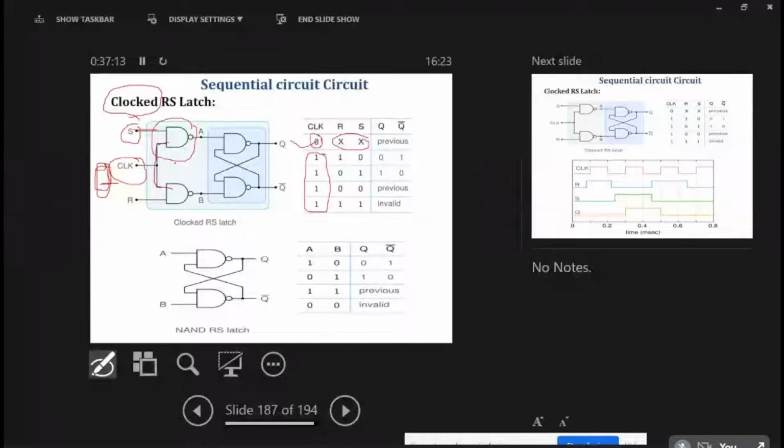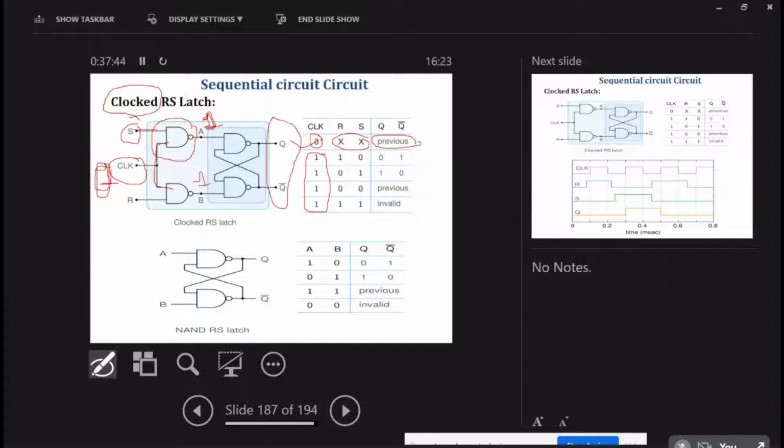So if we say these mediator values are A and B, this will be 1, this will be 1. So from the truth table of your RS latch, when 1 is the input, it will take the previous value. So when the clock is disabled, no state change occurs, which is what we want here.